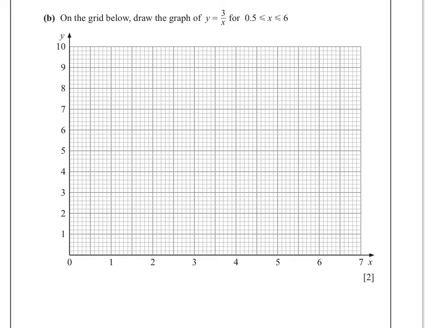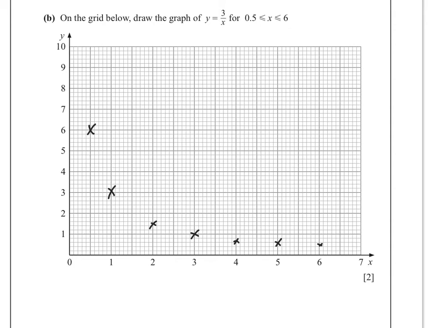So 3 divided by 0.5 was 6. 3 divided by 1 is 3. By 2 is 1 1/2. By 3 is 1. By 4 is 0.75. By 5 is 0.6. By 6 is 0.5.